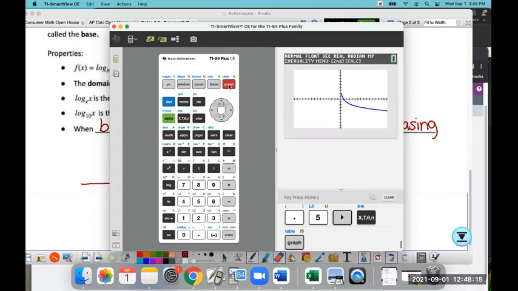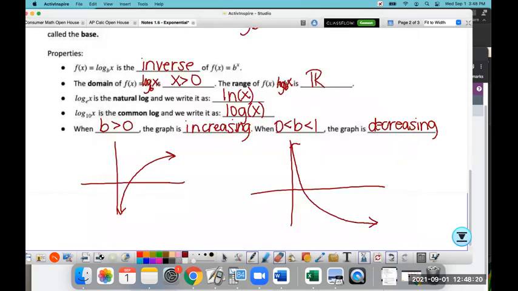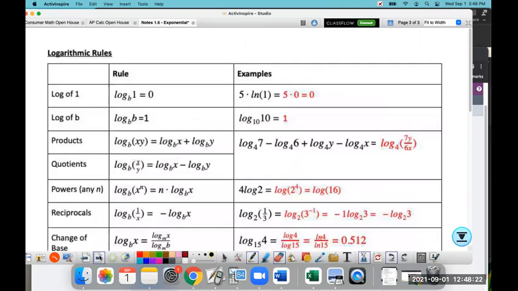All right. Last few things. Let's talk about log rules. All right, so log property. If you have a log of 1, like we talked about before, whether that's natural log or any other log with any different base, you're going to get an output of 0.